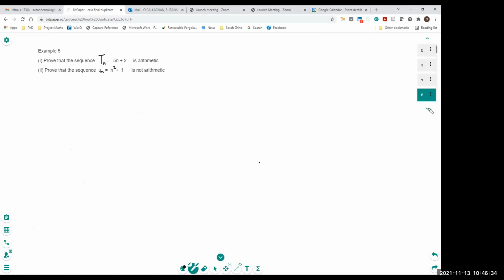So if t of n is equal to 5n plus 2, t of n minus 1 is equal to 5 times n minus 1 plus 2. See that wherever there's an n and you replace it with n minus 1, you've got to replace it in the formula as well. So that's going to be equal to 5n minus 3.